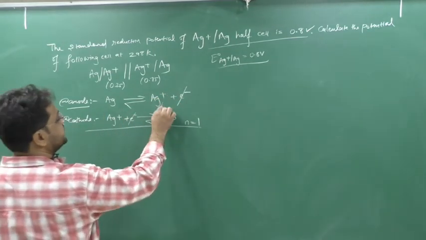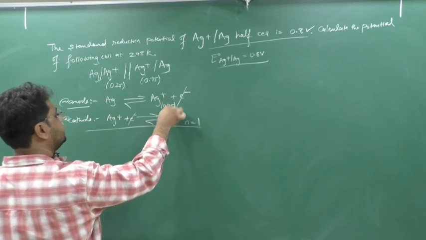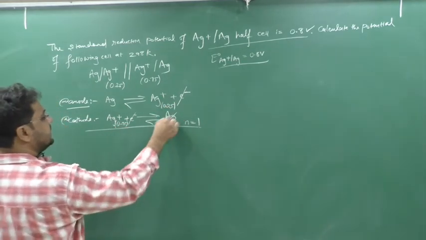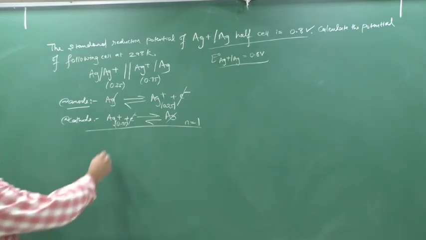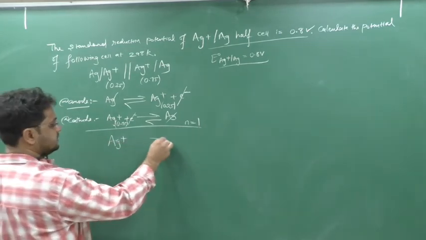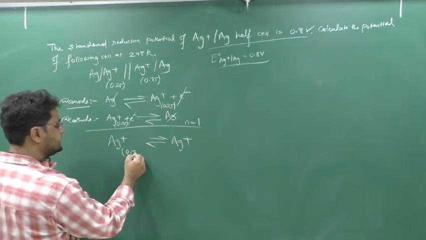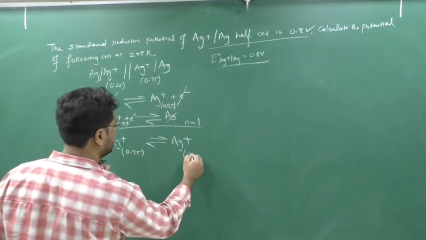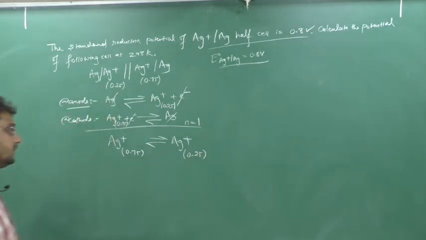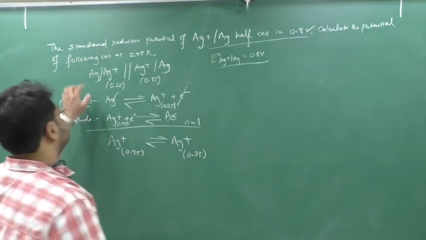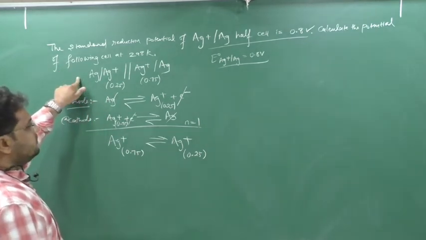Here Ag+ is 0.25 and here Ag+ is 0.75. Ag gets cancelled, so Ag+ at 0.75 converts into Ag+ at 0.25. Clear?